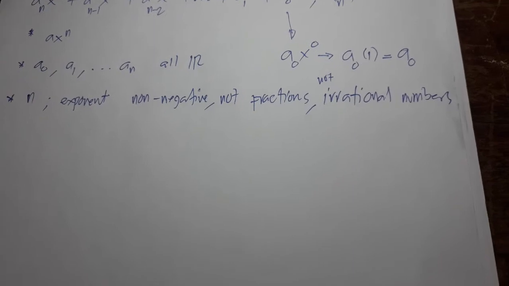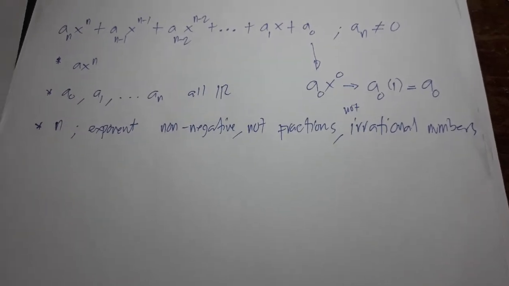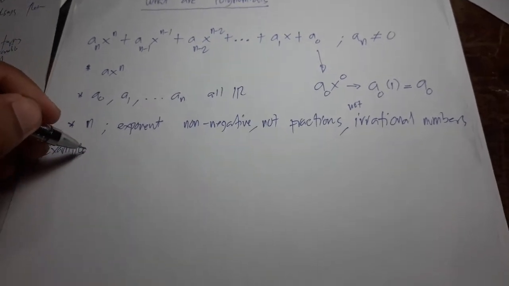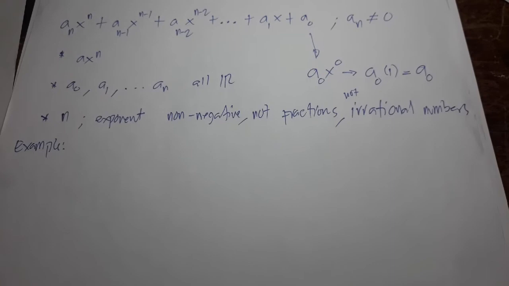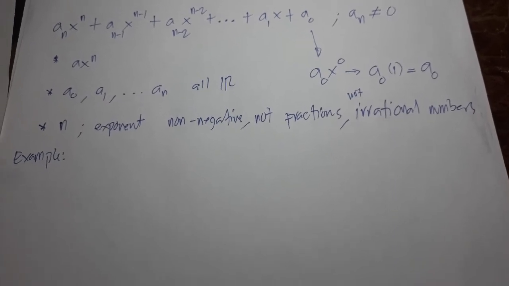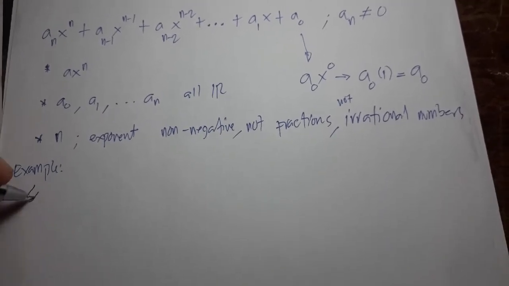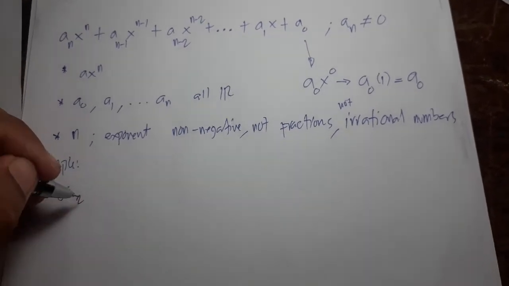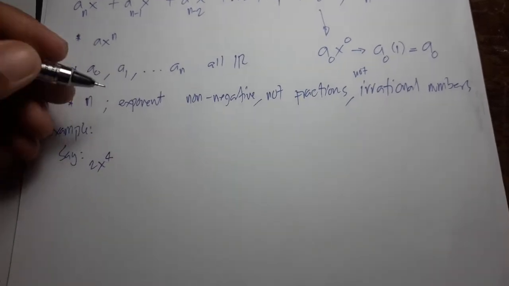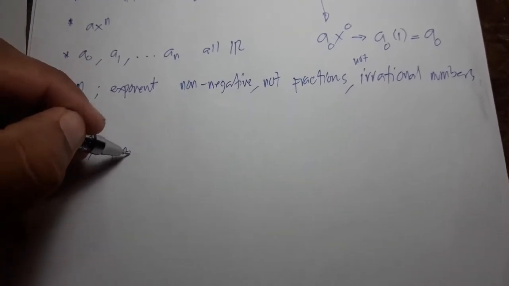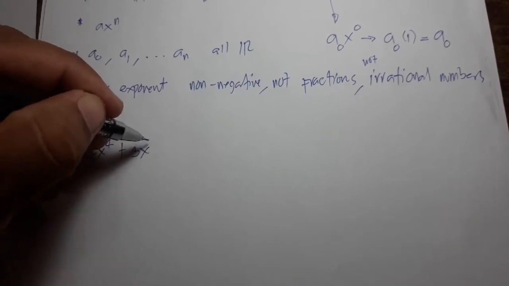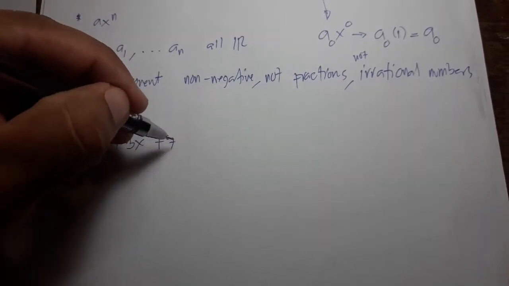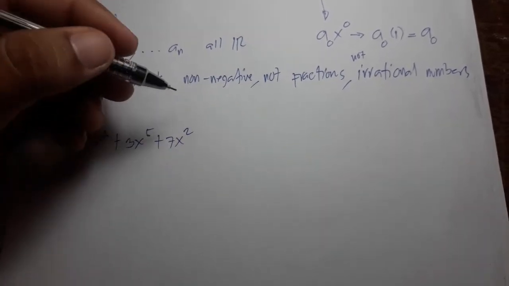Okay, to make these things clear, we will have an example. I will give to you an example of a polynomial. Say 2x to the power of 4 plus 3x to the power of 5 plus 7x squared.